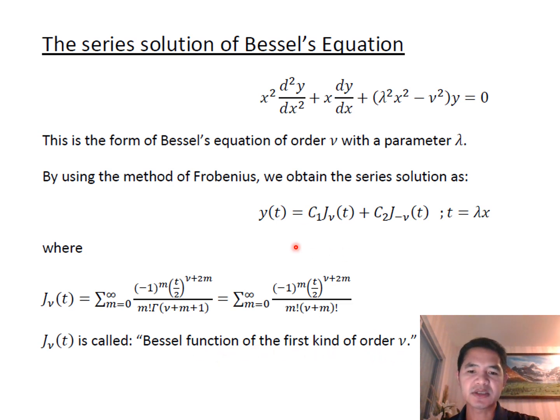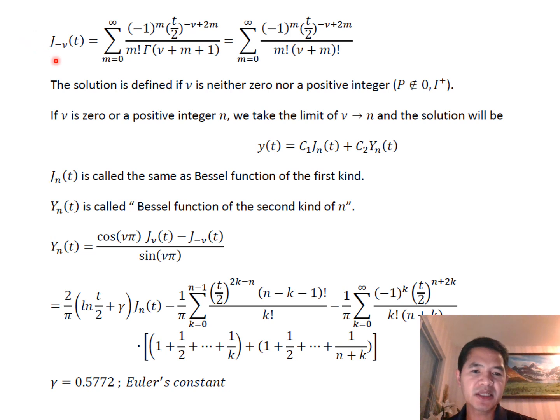So it looks easier: when you can rearrange to get this form, and you know what lambda is and what nu is, then you can get into this form. And J minus nu of t is equal to this summation form. But you don't need to remember this form because you're not going to use it.